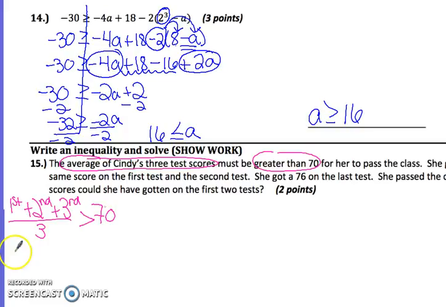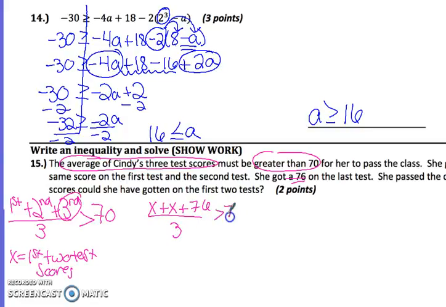So I said x equals the first 2 test scores. We know that the third is a 76. So I'm just going to fill in my inequality. x plus x plus 76, all divided by 3, is greater than 70.